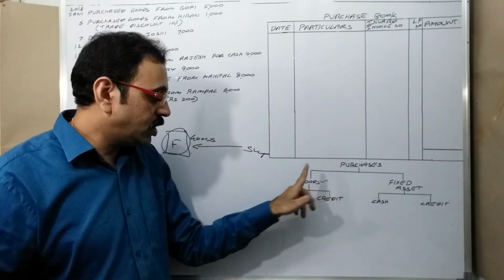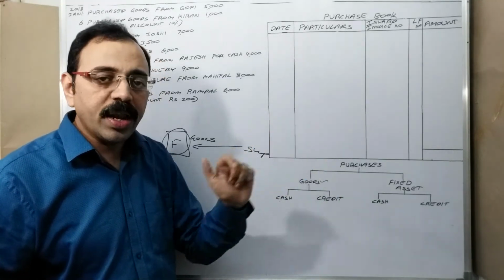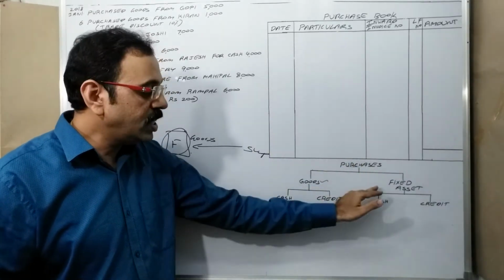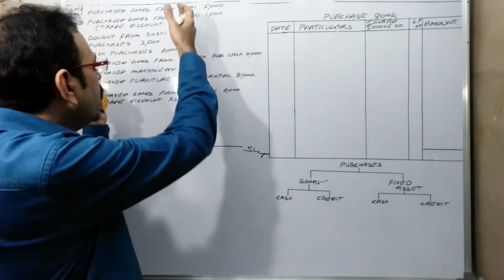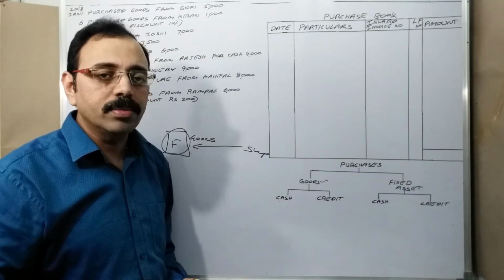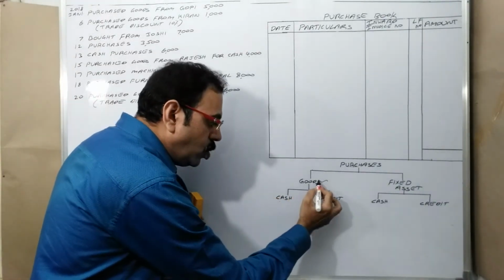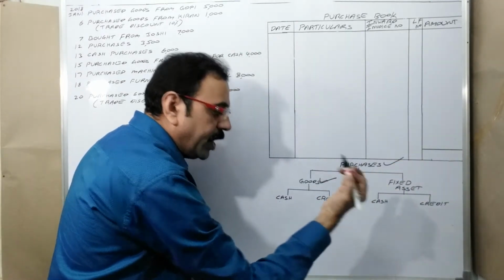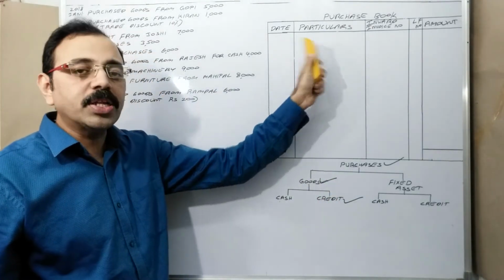Goods purchased for cash. Goods purchased on credit. Fixed asset purchased for cash. Fixed asset purchased on credit. Now, all these 4 types of purchases he gives in the question. We should not take all in the purchase book. Remember, when goods are purchased on credit, only these purchases we should write in the purchase book.